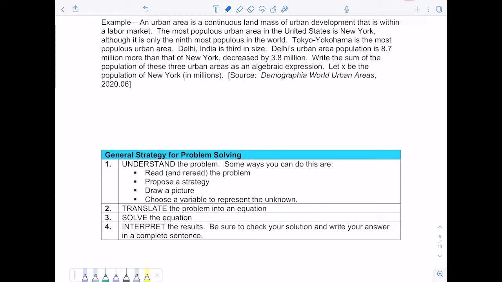So if you would like to pause the video and just read the problem to yourself, where it says right here, New York, comma, so I'll draw an arrow, you need to make sure you put and Tokyo's population is twice that of New York, decreased by 3.8 million.